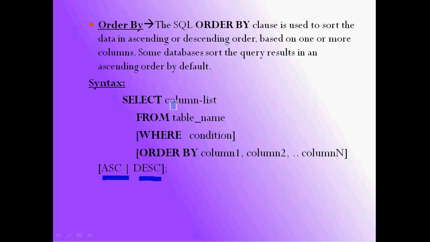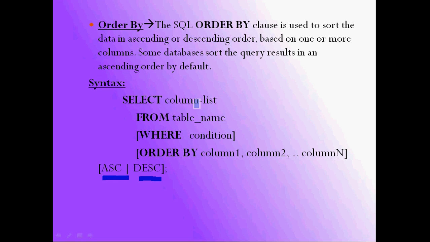So if you want to select the marks of all the students in descending order of marks, that means the student who scored the highest mark should come first, then the next highest, like that. How will you do that?